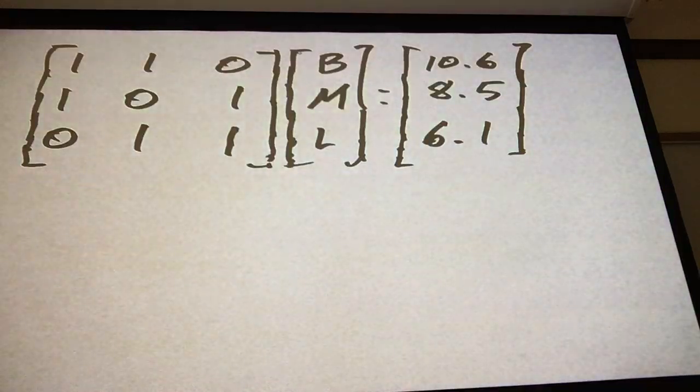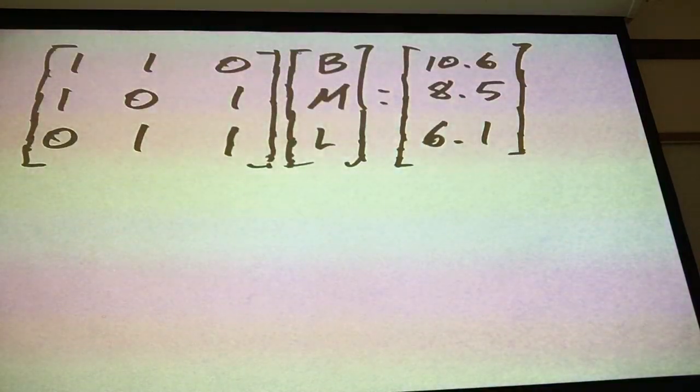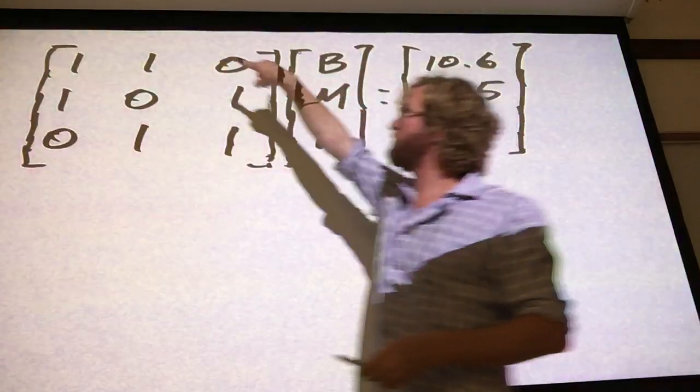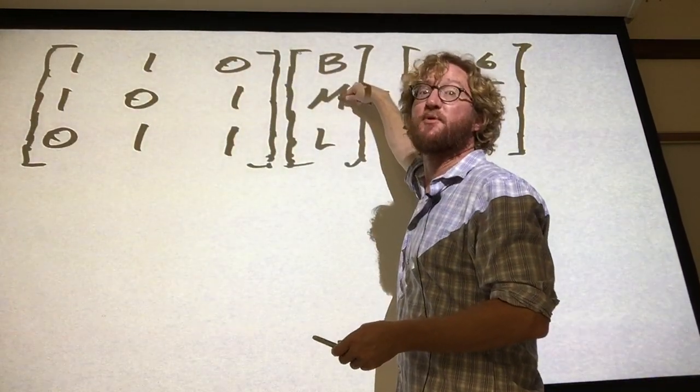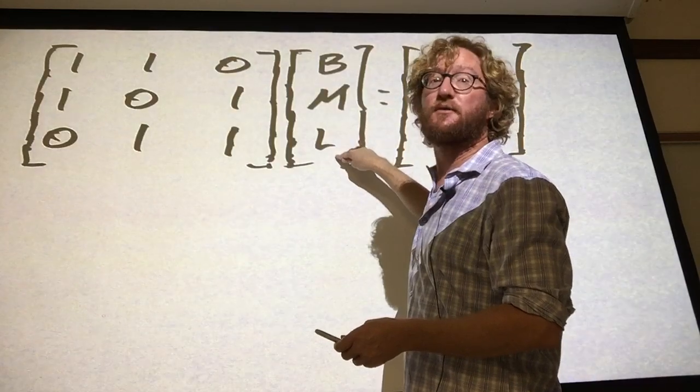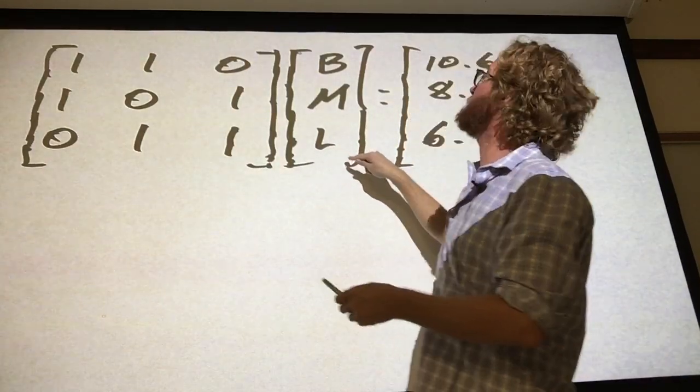So what does this literally translate to? When this row acts upon this column, big is going to be multiplied by 1, medium is going to be multiplied by 1, and little is going to be multiplied by 0.